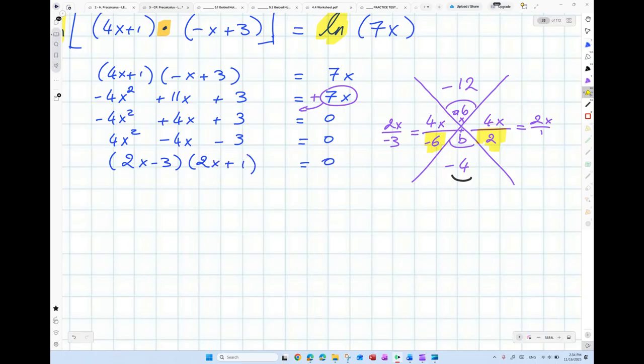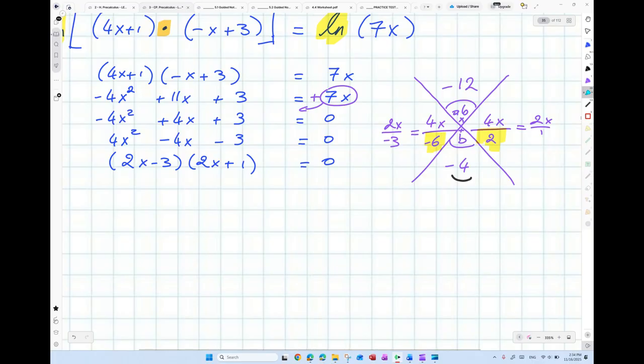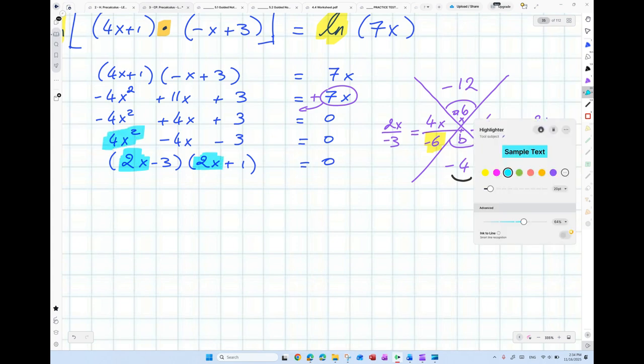And in case you're not completely sure, you can always double check and FOIL back to see if you have it. So here, 2x times 2x is 4x squared indeed.